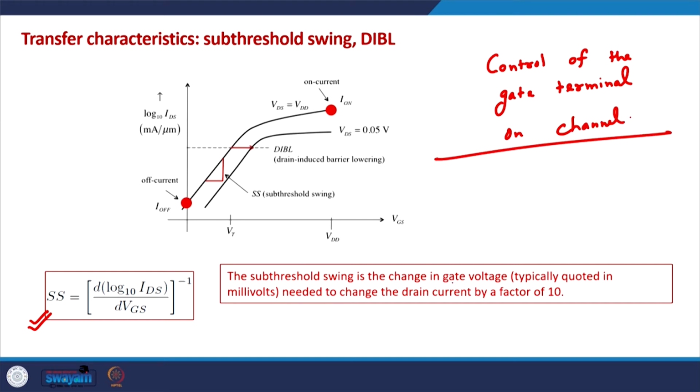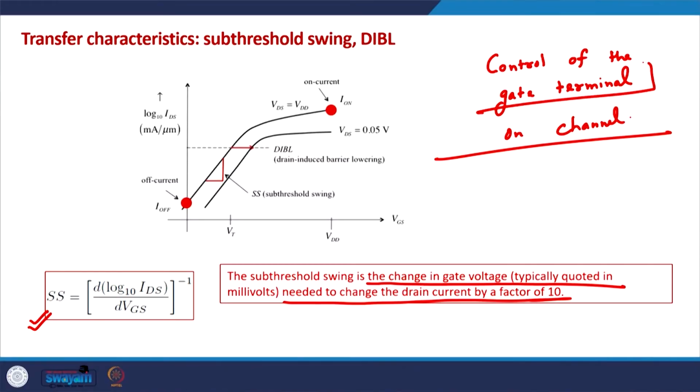If we need less gate voltage to change the drain current by a factor of 10, it means that only a small change in the gate voltage is changing the current in the channel abruptly, and it means that the gate terminal has better control on the channel. And if we need a large voltage change on the gate terminal in order to change the drain current by a factor of 10, it means that the control of the gate terminal on the channel is less.